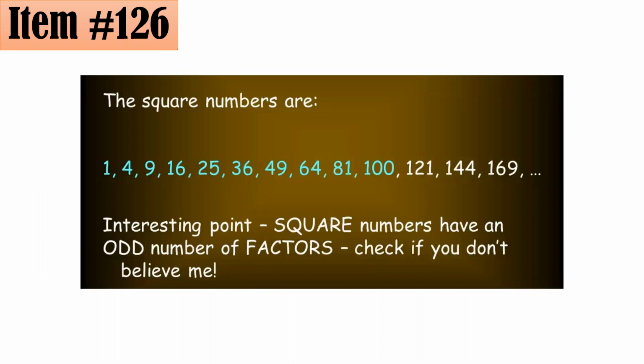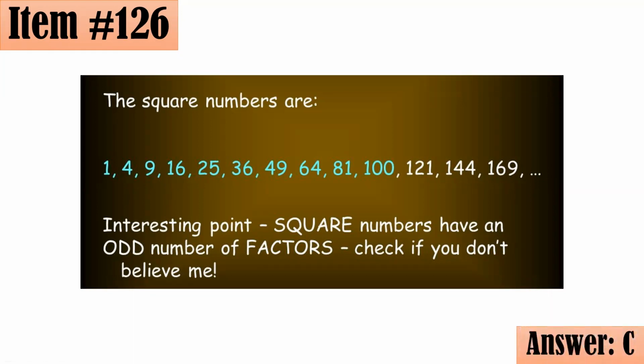remember po natin, square numbers have an odd number of positive factors. For example, the number 4. 4 has 3 factors, namely 1, 2, and 4. 9 has 3 factors, 1, 3, and 9. 16 has factors 1, 2, 4, 8, and 16. 16 has 5 factors.